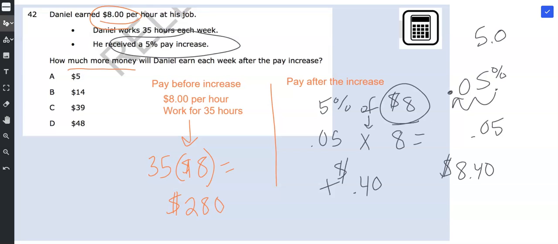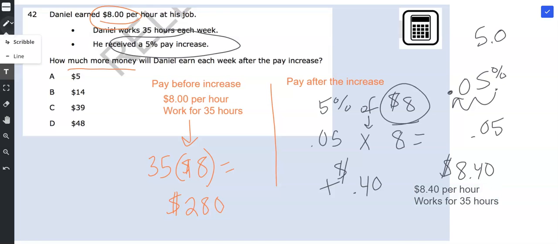So now I'm going to write the information like I wrote it over here for the pay before the increase. I'll type, now he makes $8.40 per hour, and he works for 35 hours still.